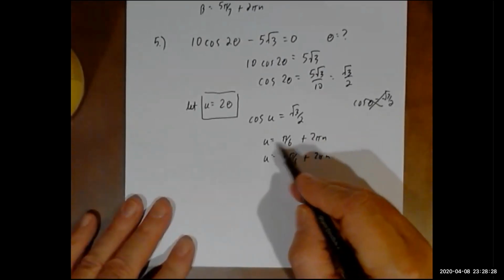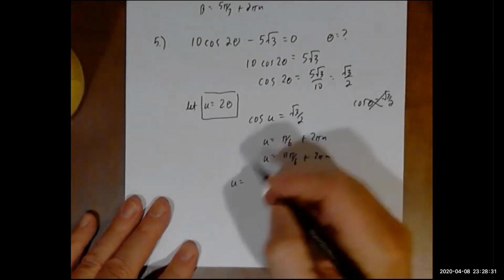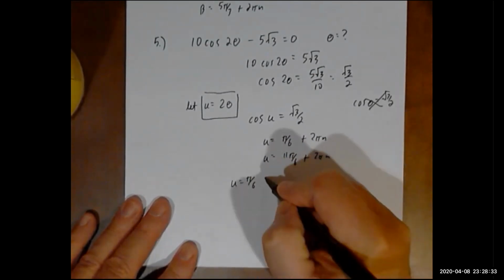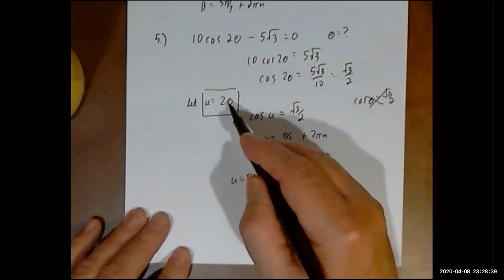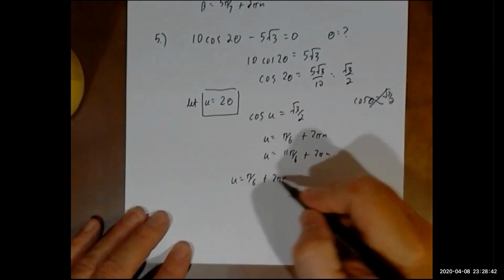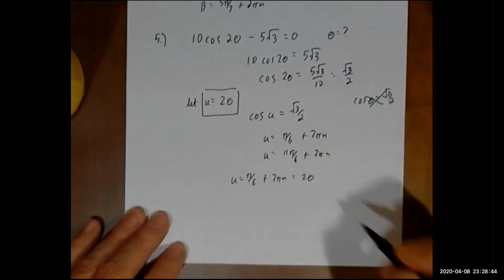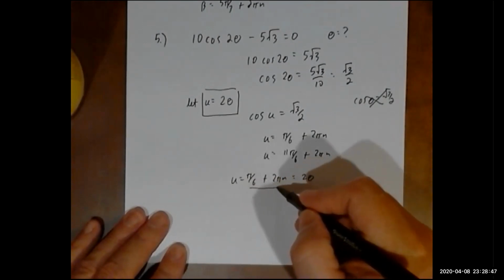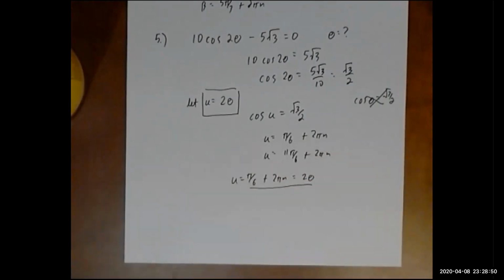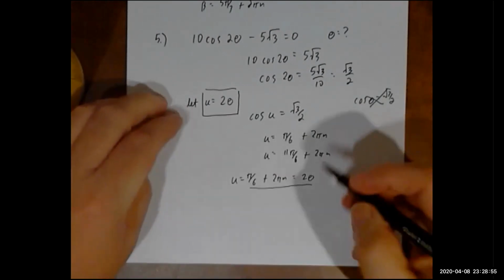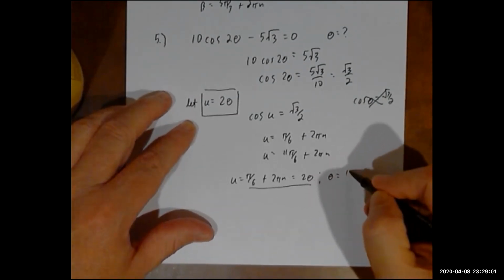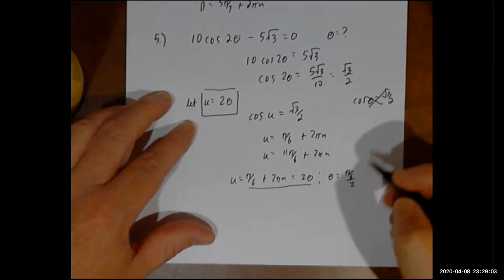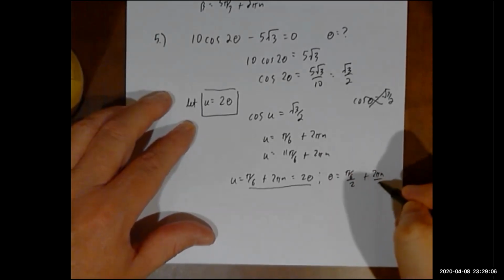You take the first u solution, write it down here, and then go up here and say u also equals 2 theta. So if u equals this, u is also 2 theta. Now you take this equation and get theta by itself, and then you will solve the equation. So I have to divide both sides by 2. You get pi over 6 divided by 2 plus 2 pi n divided by 2.